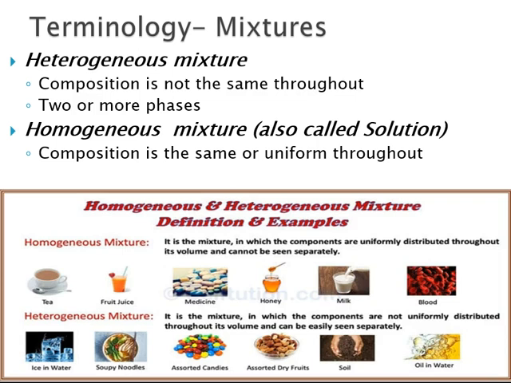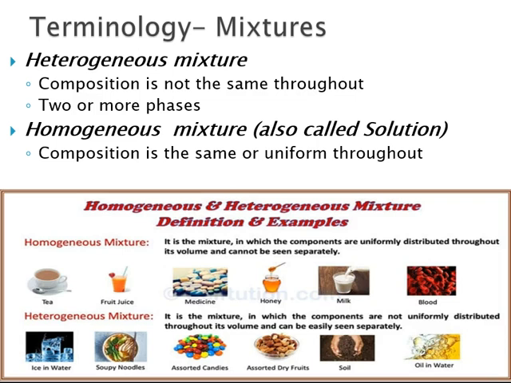So we've got different heterogeneous and homogeneous mixtures here. A homogeneous mixture is a mixture in which the components are uniformly distributed throughout its volume and they cannot be seen separately. You can't visually see the difference in the components when you're looking at it. Whereas a heterogeneous mixture is a mixture in which the components are not uniformly distributed throughout its volume and can be seen and separated.